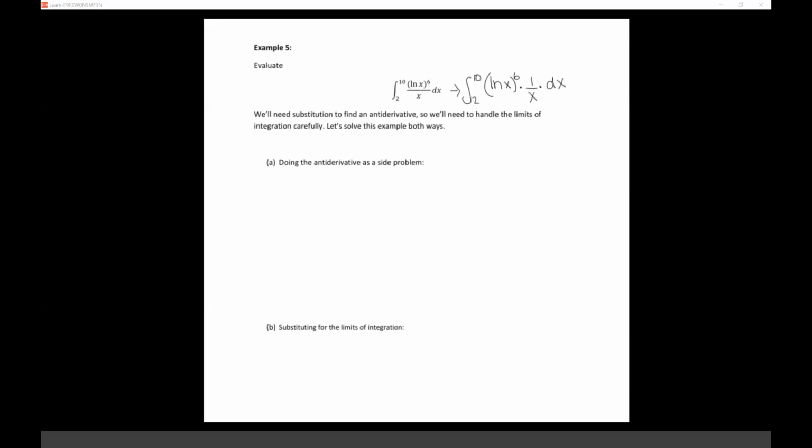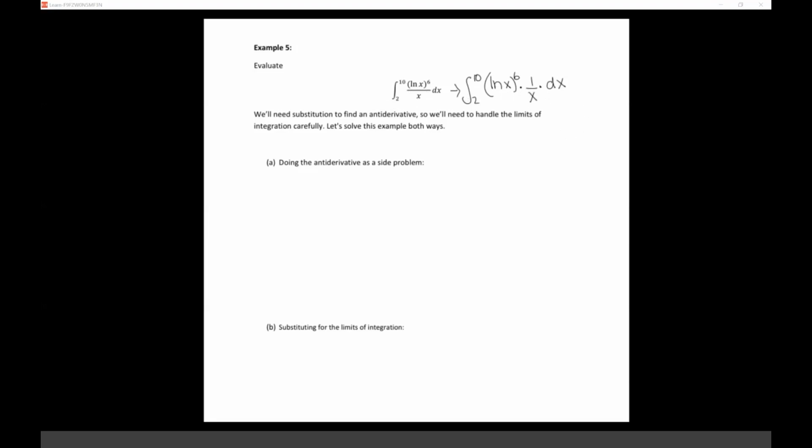Again, you can write this as a product of ln x to the 6th times 1 over x times dx. Again, remember, divide by x is the same as multiply by 1 over x. This is the algebraic and numeric thinking you've got to be able to do to simplify this stuff. And 1 over x is the derivative of ln. So I'm thinking I can do this with substitution.